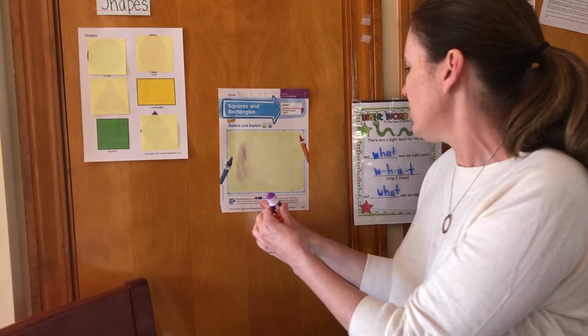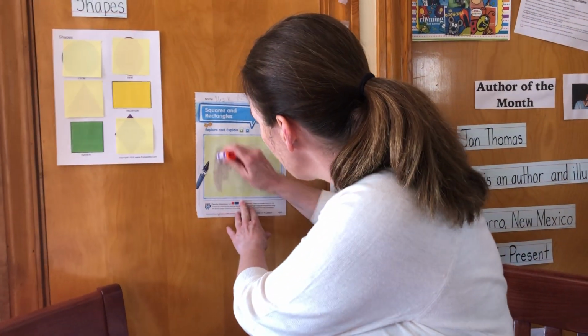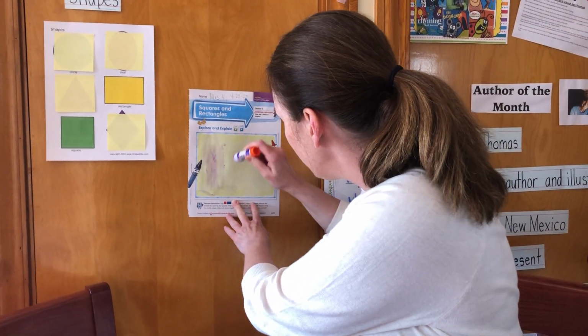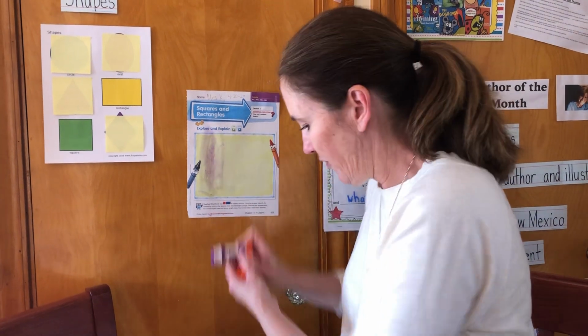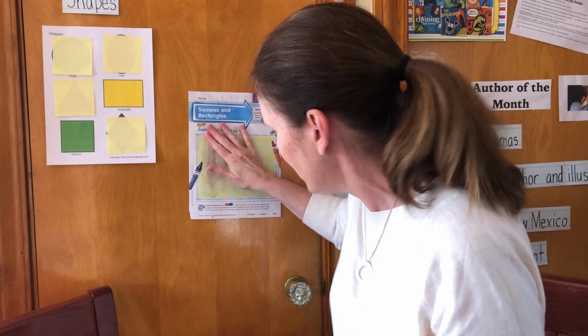It says, use the foam squares and rectangles to make a picture. That's what I'm gonna do. First I'm gonna get a lot of glue. I think with my squares, I'm gonna make this shape.